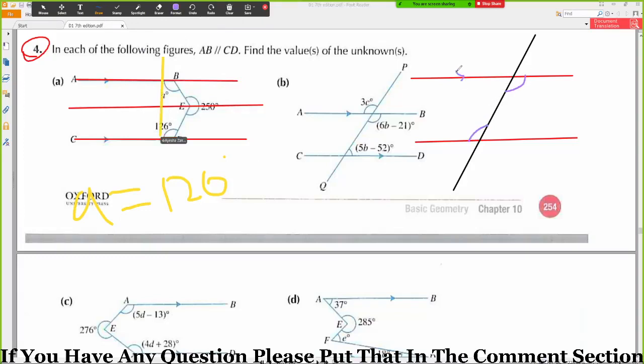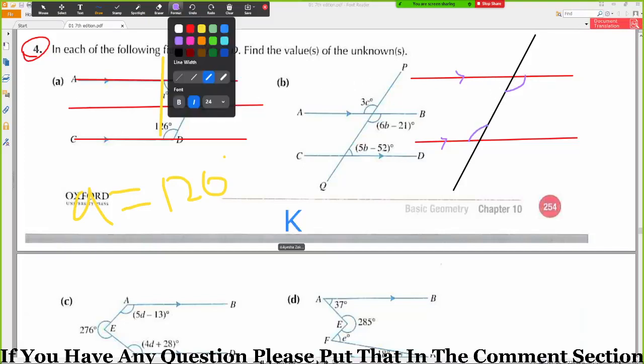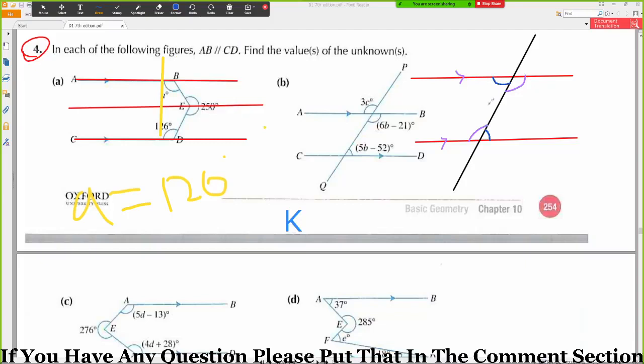If this line is parallel to this line, there is some sort of another concept hidden behind these types of questions. So if these two lines are parallel to each other and this black line is crossing these two parallel lines, then the angle made by this black line with this red line will be equal to the angle made by this red line with this black line.